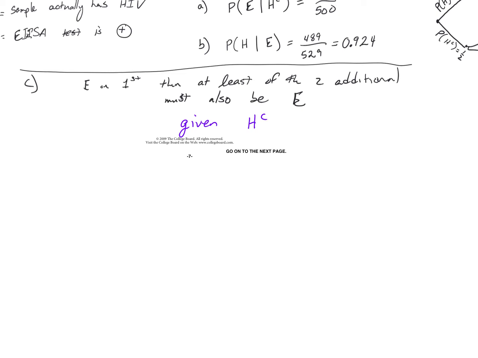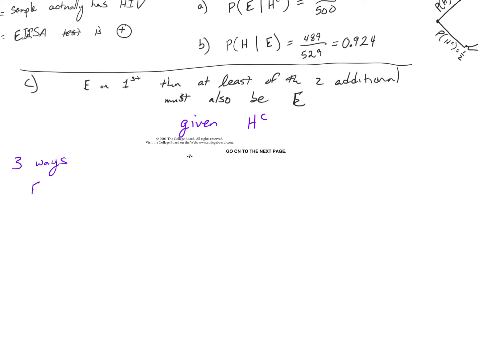Now, there are 2 ways to do this, and I think they're both equally tough. One requires more work by hand, and the other one is a little conceptually more difficult. So let's do the first one, this constructive one, without using the complement. We're going to think there are 3 ways this could happen.